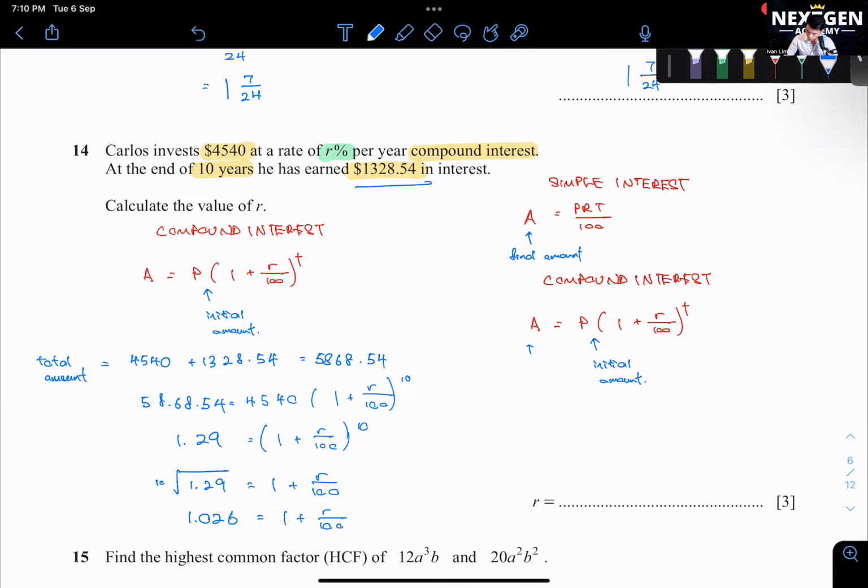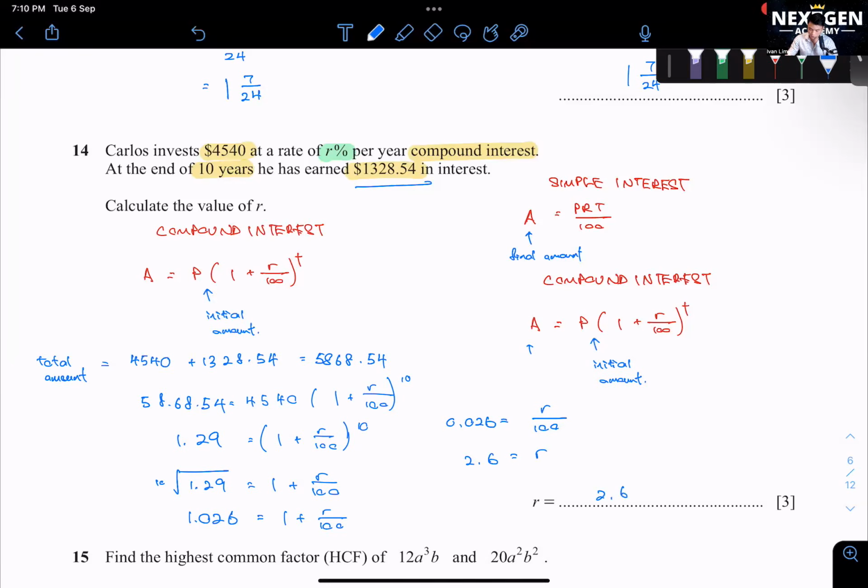Then r over 100 equals 1.026 minus 1, which is 0.026. And then r, you multiply by 100. Then you'll get 2.6. Your answer will be 2.6. Yes, correct already.